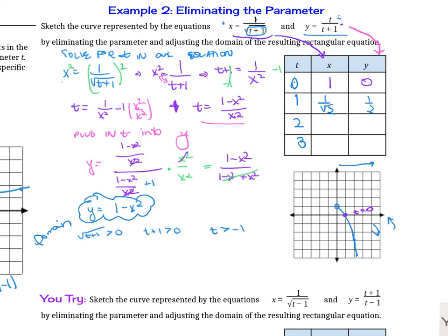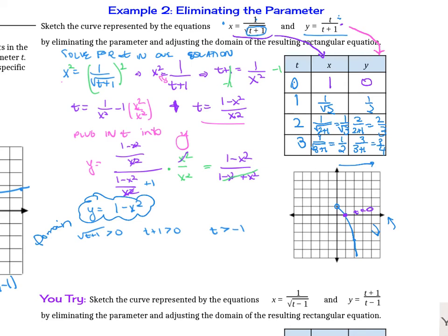Then if I plug in 2, it's 1 over the square root of 2 plus 1, which is 1 over the square root of 3. Then plugging in 2 into the y value, it's 2 over 2 plus 1, which is 2 over 3. And then plugging in 3, I get 1 over square root of 3 plus 1, which is 1 over the square root of 4, or 1/2. And then the next one would be 3 over 3 plus 1, which is 3 over 4.